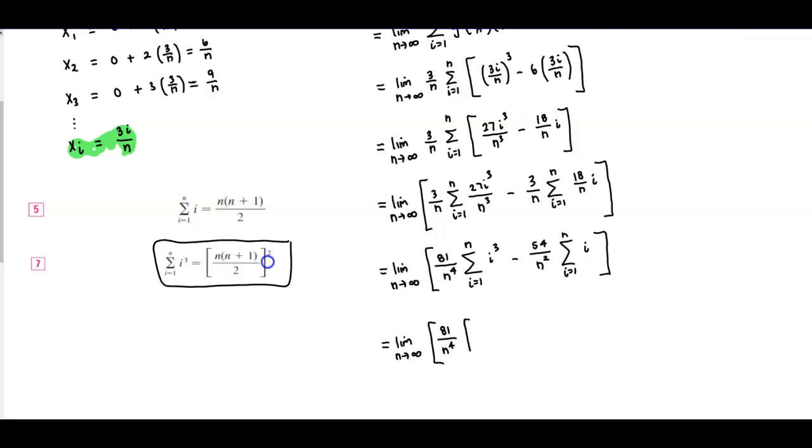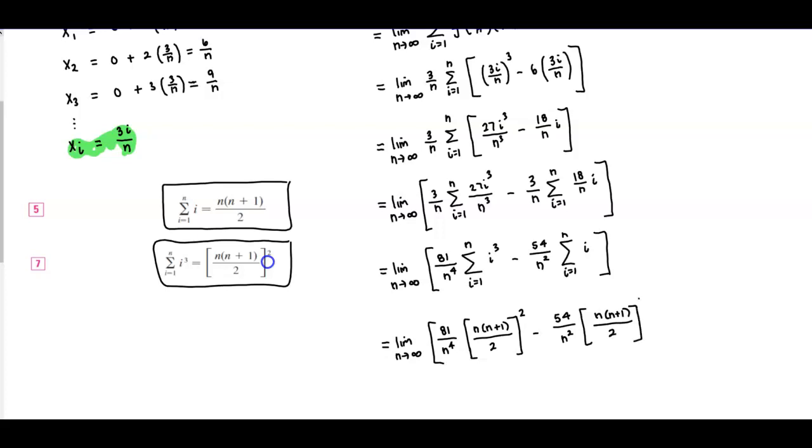So that's going to be times n times n plus 1 over 2 squared, minus 54 over n squared times this summation, which is going to be n times n plus 1 over 2.